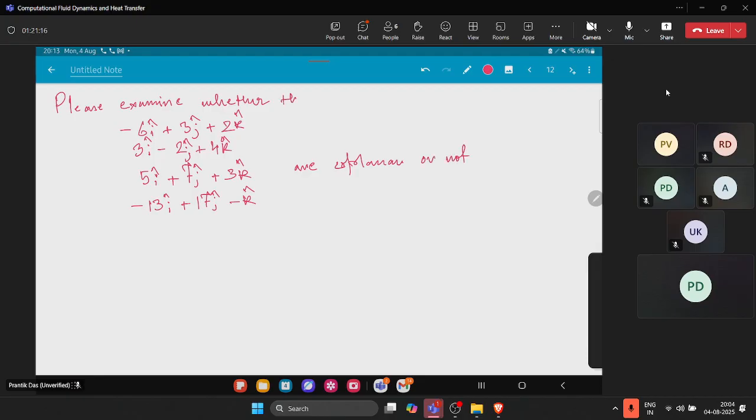Those are these 4 points. So can you please numerically investigate whether they are coplanar or not?